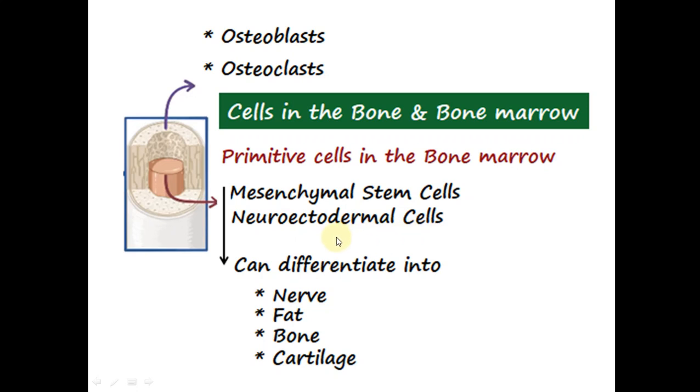These primitive cells located in the bone marrow have the capability to differentiate into different types of tissues like nerves, fats, bones, and cartilage. And it is these neuroectodermal cells that will give rise to the Ewing sarcoma.